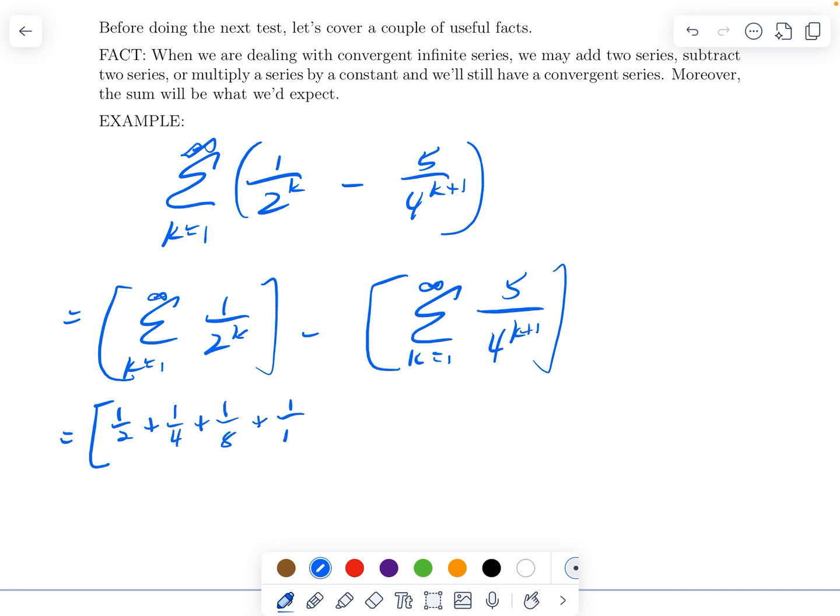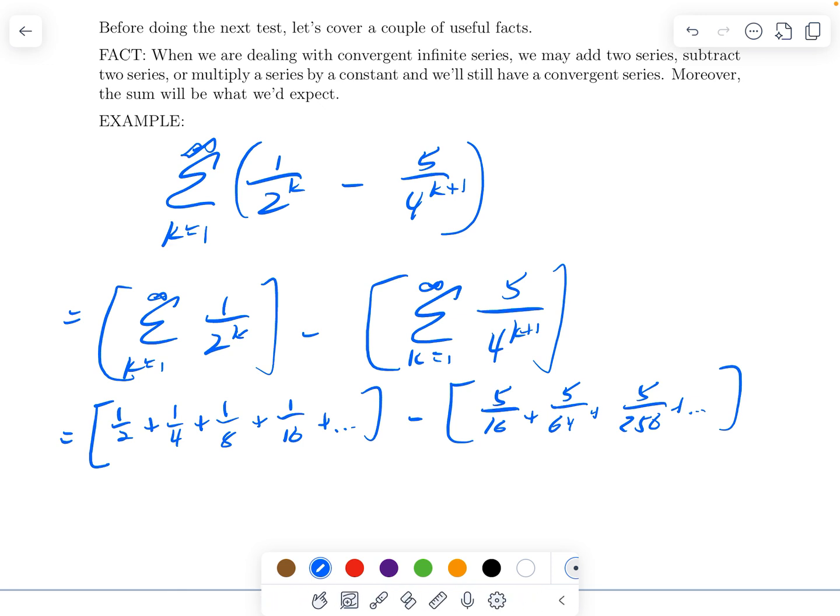In this case, we will notice that both of these are geometric. Here we have 5 over 16 plus 5 over 64 plus 5 over 256, etc. So they're both geometric. The one on the left has r equals 1/2. The one over here has r equals 1/4.